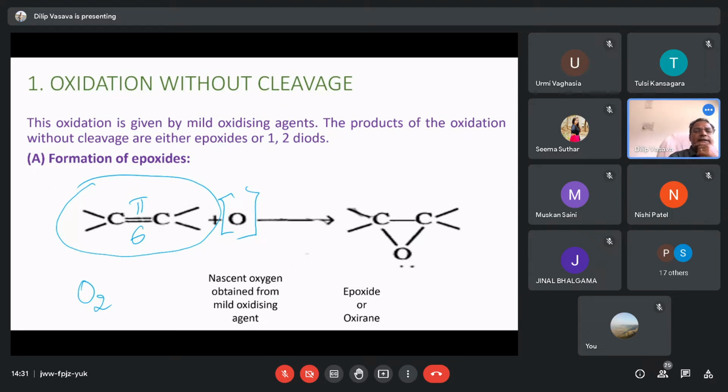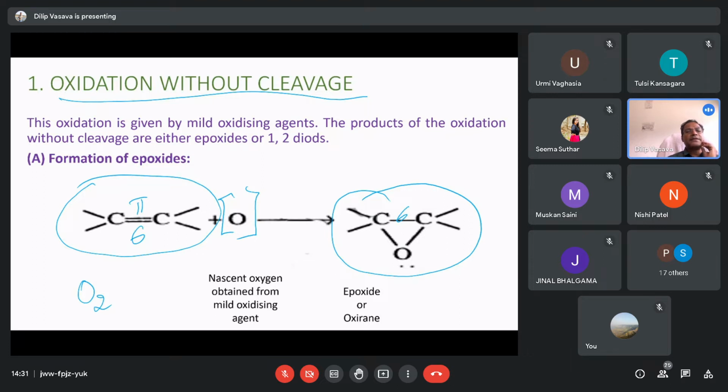Here the oxidation takes place with cleavage of the pi bond, and the epoxide is formed. This sigma bond remains as it is, so it is oxidation without cleavage of the sigma bond.